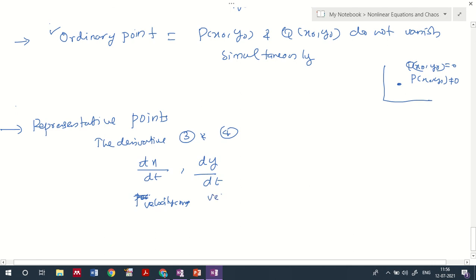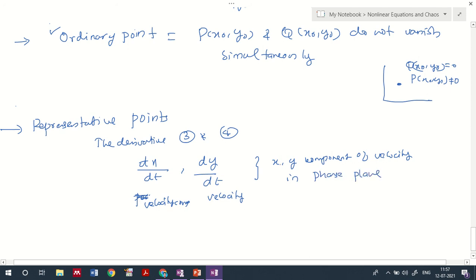And this is also a velocity component representation, or rather we can say an acceleration component. Also we have treated this as a velocity component itself. So this is basically representing the x and y components of velocity at a point in the phase plane, right?